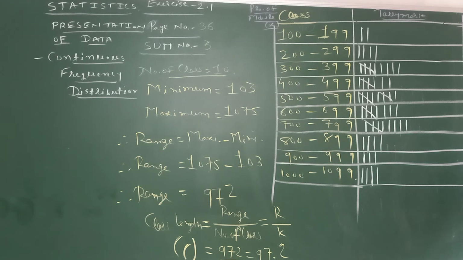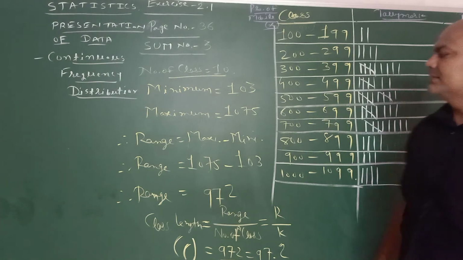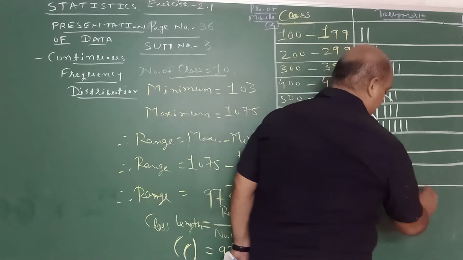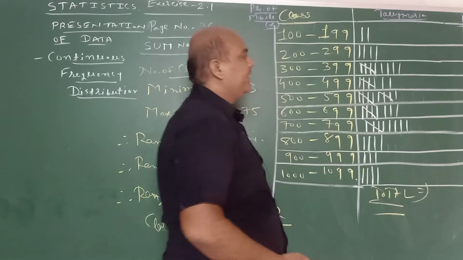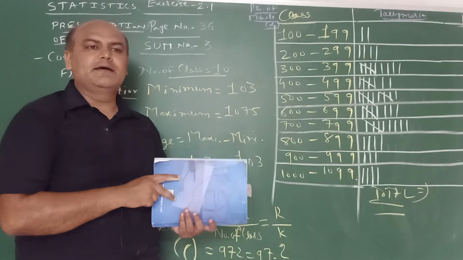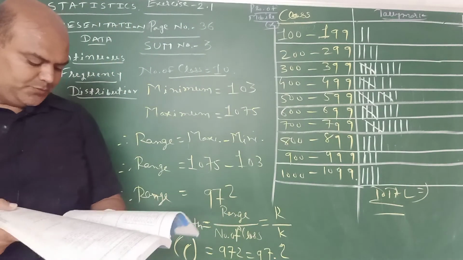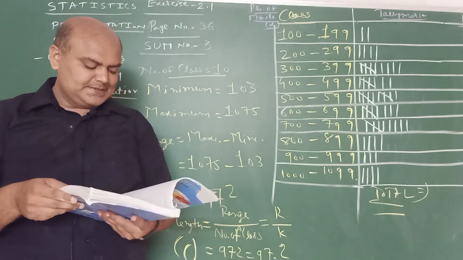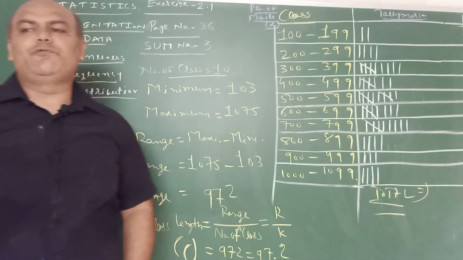Total is 60. So students, by this way we can prepare the continuous frequency distribution of 60 mobile phone manufacturing.